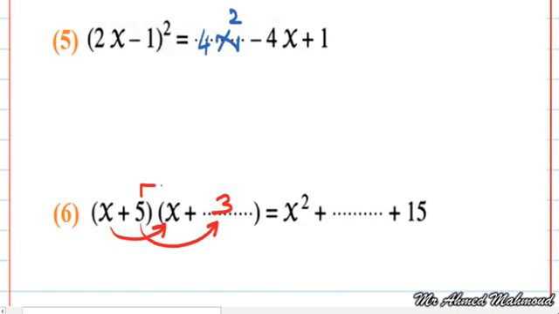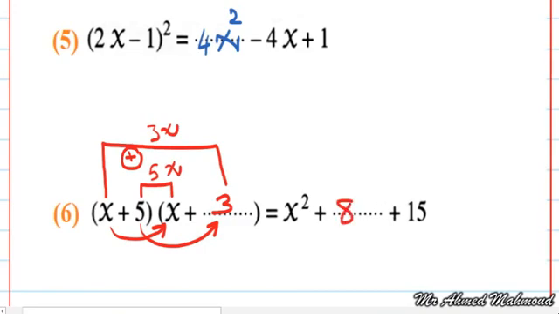And then the means and extremes, because this one is not a special case. 5 times x equals 5x. x times 3 equals 3x. Then we are going to add them. 3x plus 5x equals 8x.